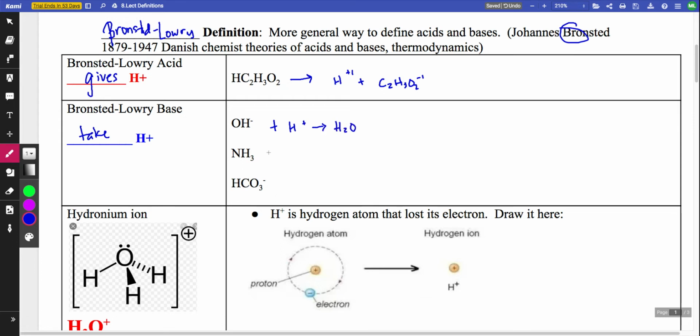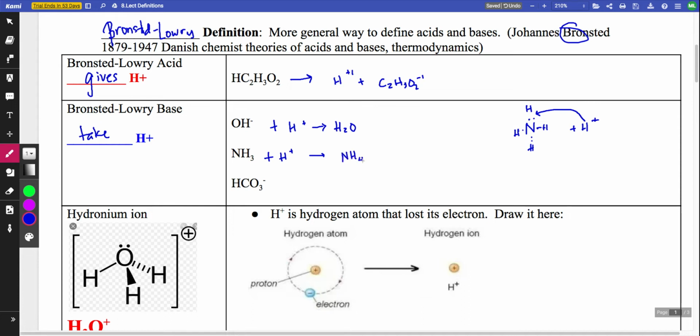This ammonia can also take an H plus, and let me show you what it becomes. If you drew the Lewis structure for ammonia, it looks like this. When you add the H plus, it has no electrons. So over here where there are two lone pairs, it has room for the H plus. Okay, so when it goes there, it becomes NH4.